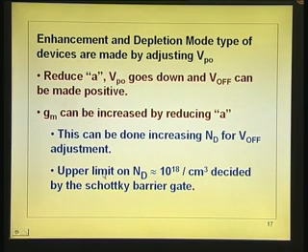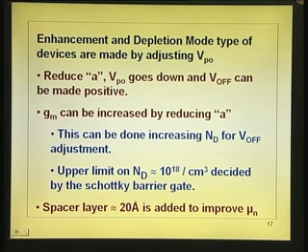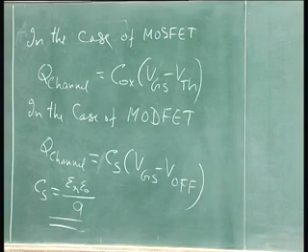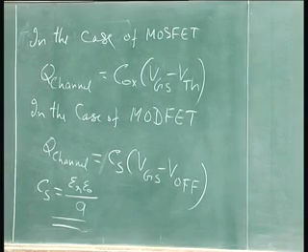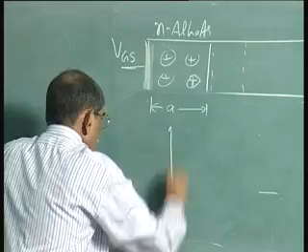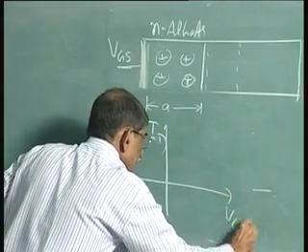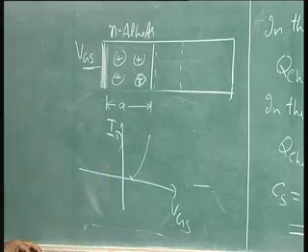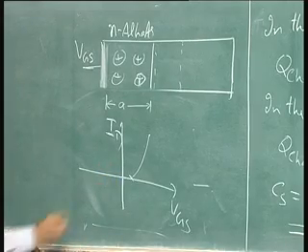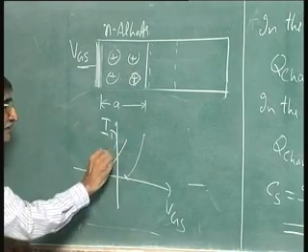You can get enhancement type or depletion type of device. How do you do that? V off. ID versus VGS, enhancement; ID versus VGS, the depletion type.